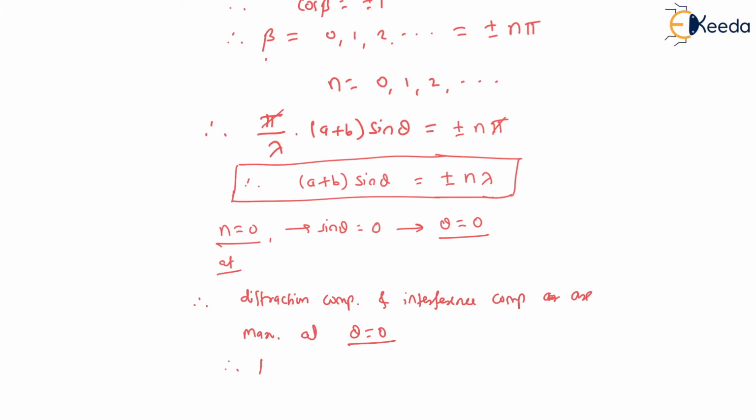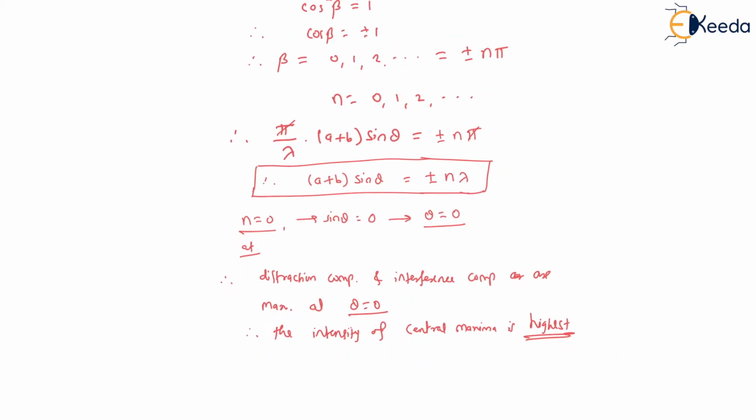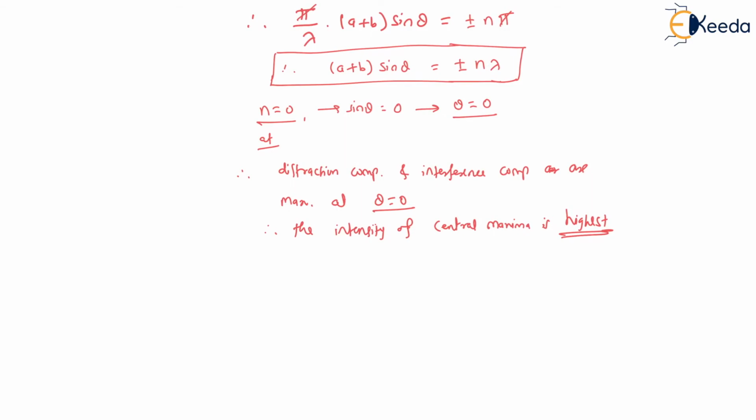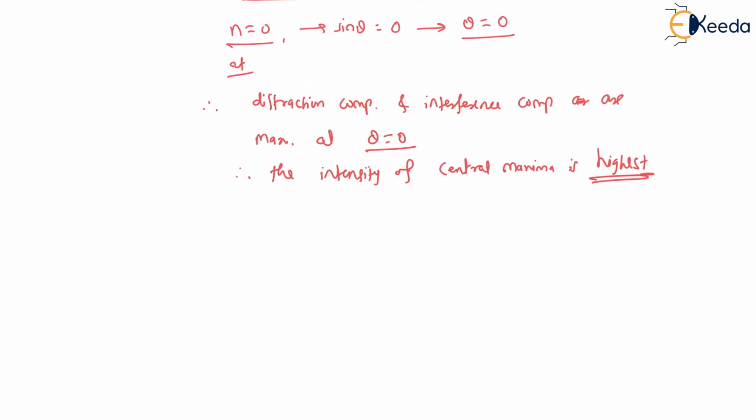Therefore, the intensity of the central maximum is highest. Remember this point. Why? Because at the same value, that is theta equal to 0, both components are maximum. That's why we will get the highest intensity at the central point, or P naught.